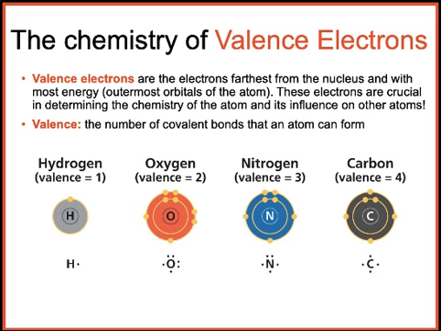So the outermost orbitals of the atom. These electrons are super crucial in determining the chemistry of the atom and whatever influence it has on the atoms. You can determine the valence by seeing the number of covalent bonds that an atom can form. Carbon can form 4, nitrogen can form 3, oxygen 2, hydrogen 1, right?